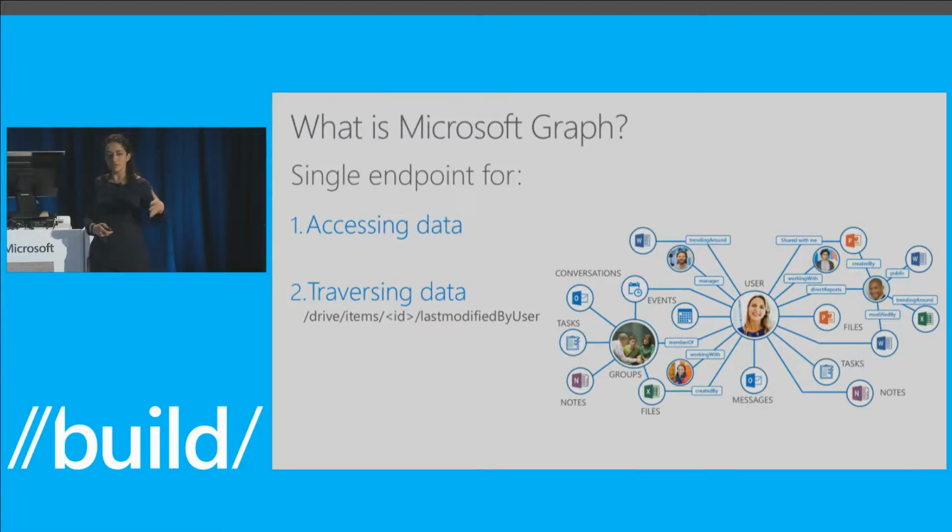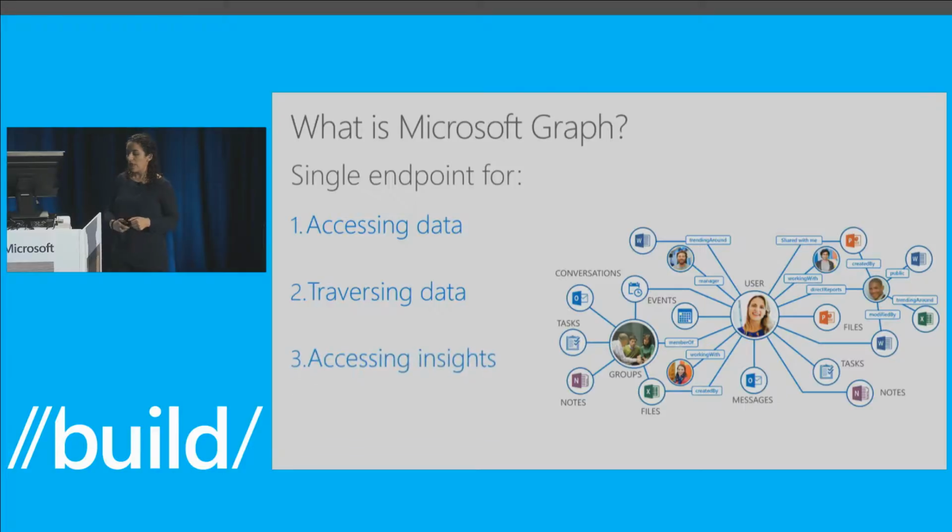So go from a file in OneDrive to the last person who modified that file, or go from a file that is trending around me, and then go and see all of the properties of that file. For accessing insights and rich relationships, we have an example that we showed on the live theater session about trending files. And then it works for both the school and personal.